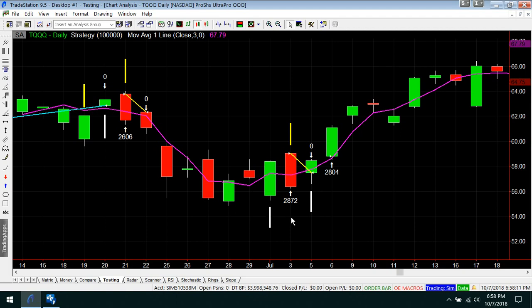Since the strategy relies on the close of today, it doesn't make trades until the following day, which would be tomorrow. For example, the white bar means buy tomorrow. So this white bar means buy right there. This yellow bar, on the other hand, means sell right there. Then we get another bar that means buy right there. So that's how it's working.